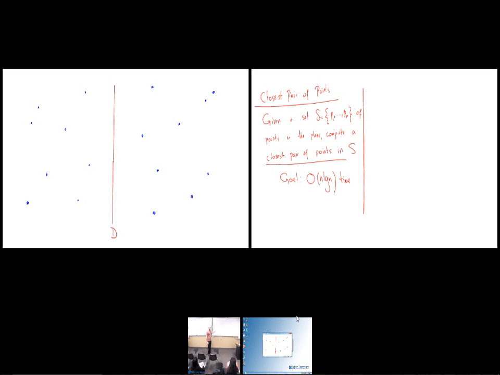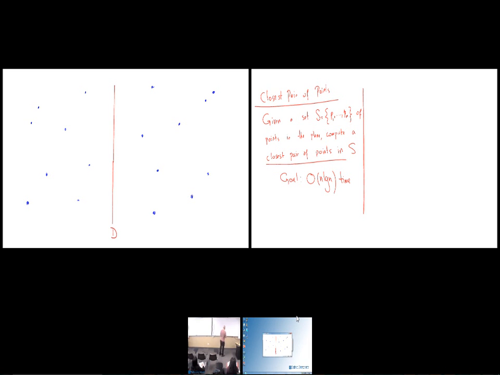The conquer is to recurse on each of the two subproblems that we created. Meaning we solve a smaller problem here by computing a closest pair to the left of this line. We solve a subproblem here by computing the closest pair to the right of this line.